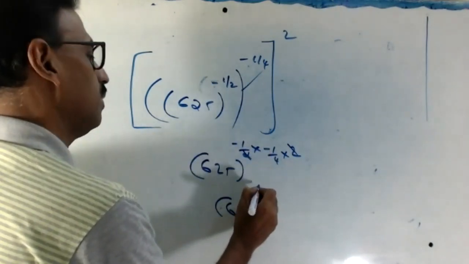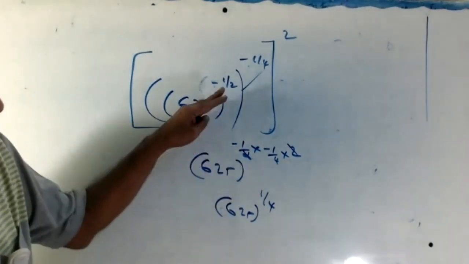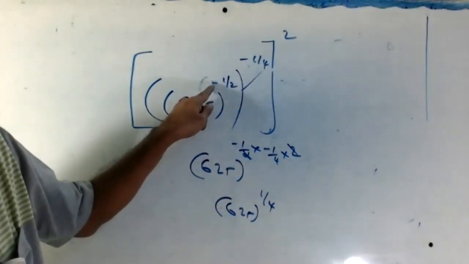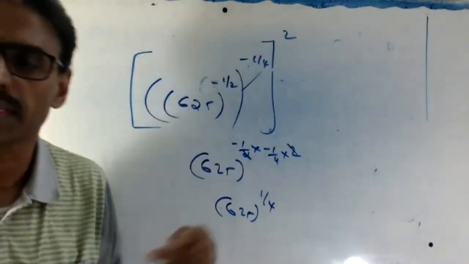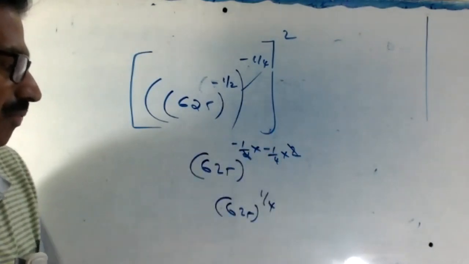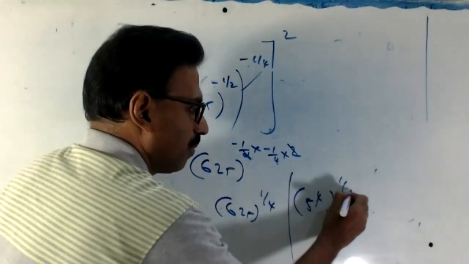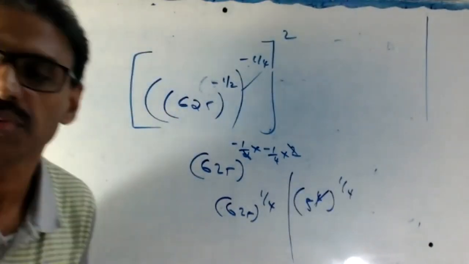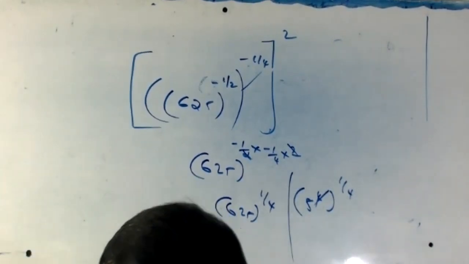So 1 by 4. Correct or not? You know that 625 is 5 raised to 4, raised to 1 by 4. Answer what? 5. So all got 5. Okay, this is getting clear now.